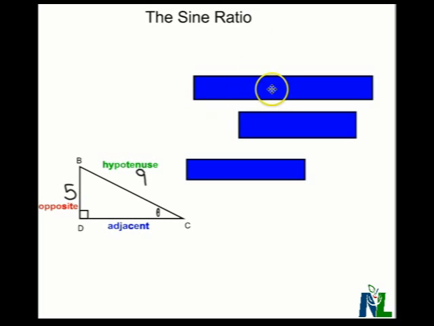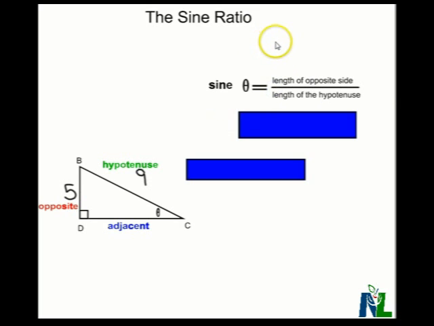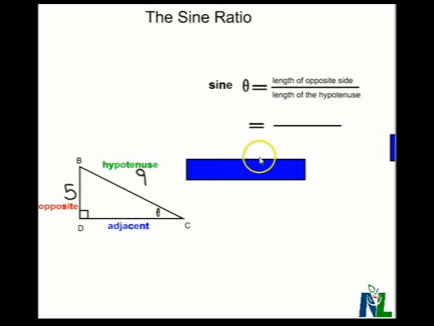So if we do that, and we know that the sine is opposite over hypotenuse, or the length of the opposite side over the hypotenuse, we can go into the next step and fill those numbers in.